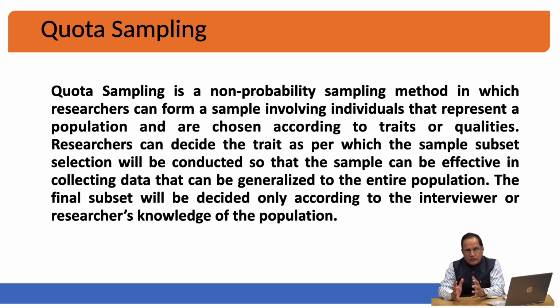That quality, trait or characteristic will decide the quota. Quota means the subjects or objects which have a specific trait, quality or characteristic, and in this case the researcher can decide the trait on which the subsets can be identified.